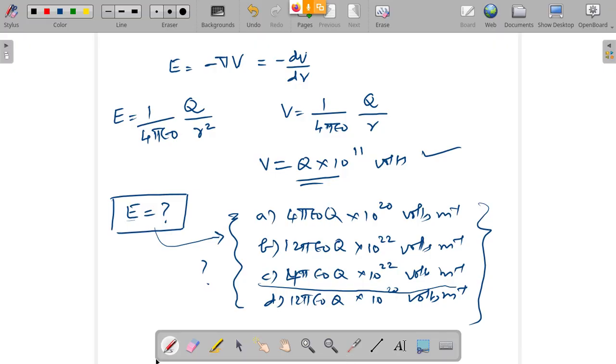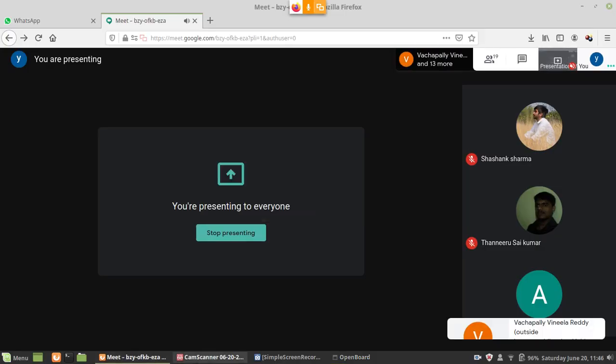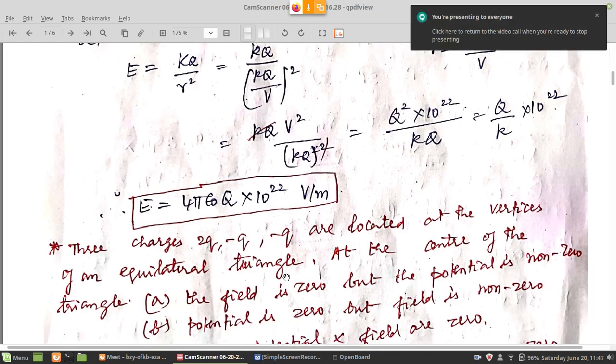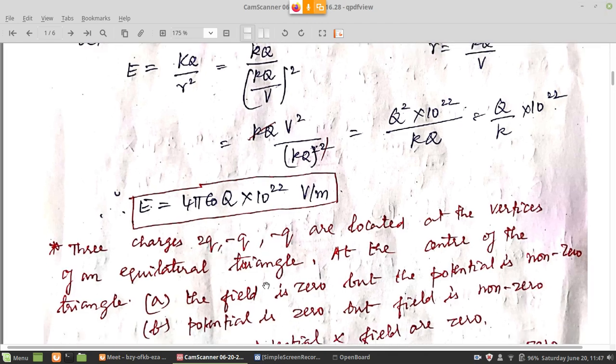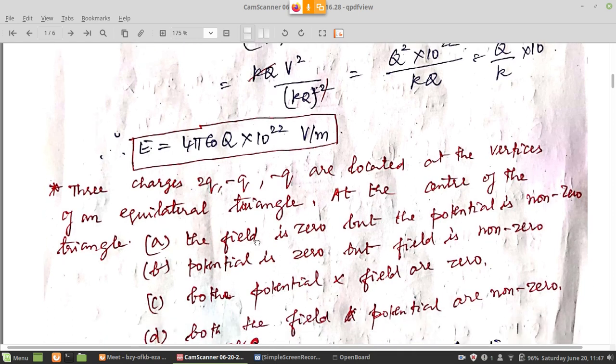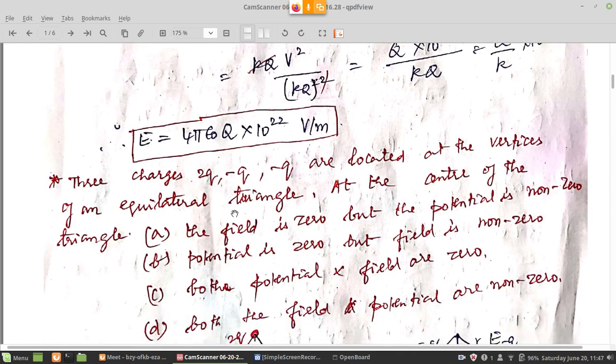Right. So the next question: 3 charges 2q, minus q and minus q again are located at the vertices of an equilateral triangle. At the center of the triangle, the field is 0 but the potential is non-zero. The potential is 0 but the field is non-zero.